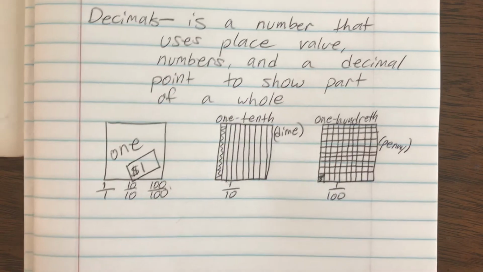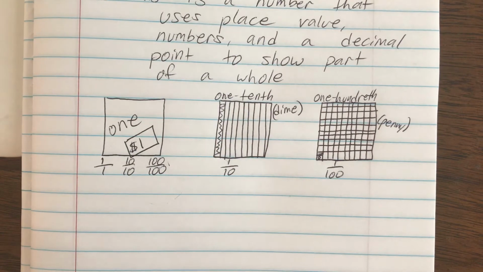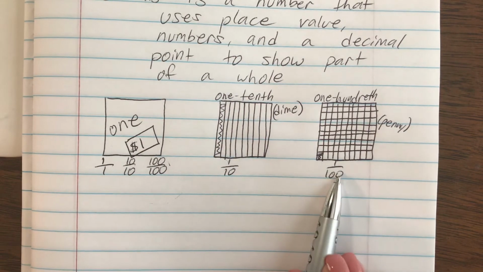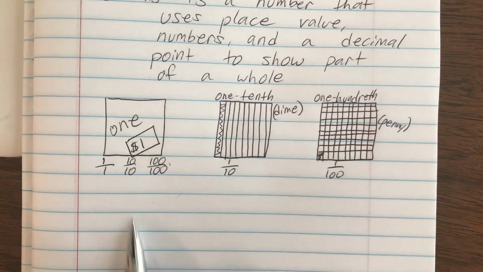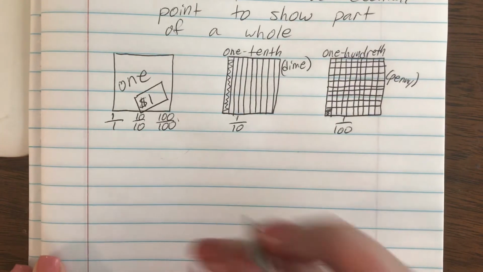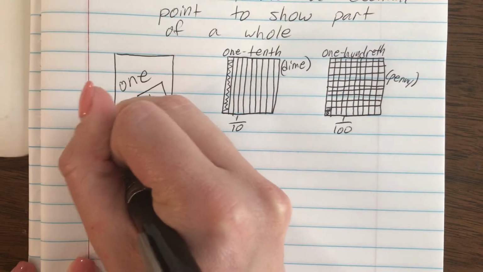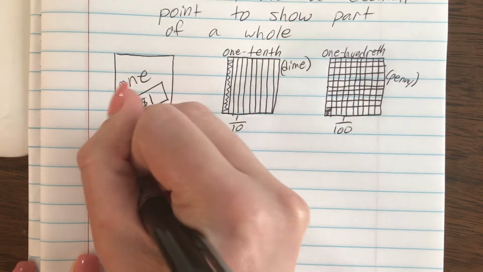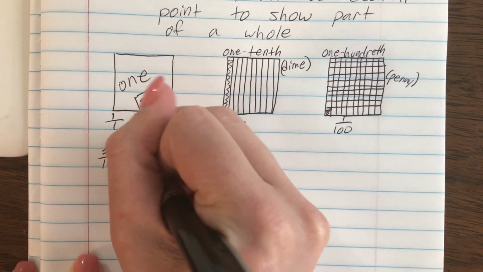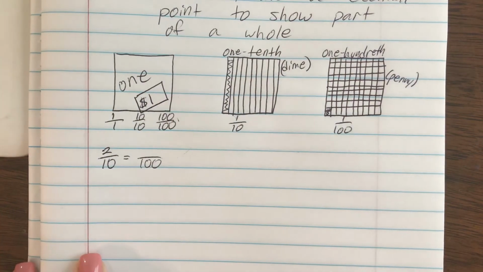So thinking about this information and converting between your tenths and your hundredths. Again, just with fractions today, we'll do decimals next week. We're going to do a few examples down here. So let's say you have 2/10 and you want to convert this into hundredths.